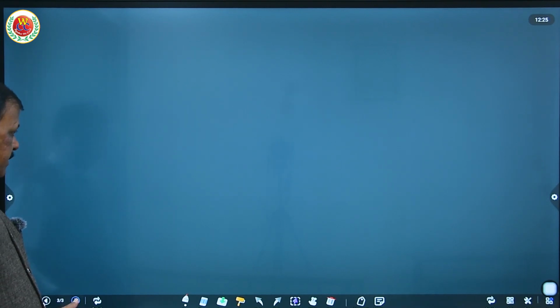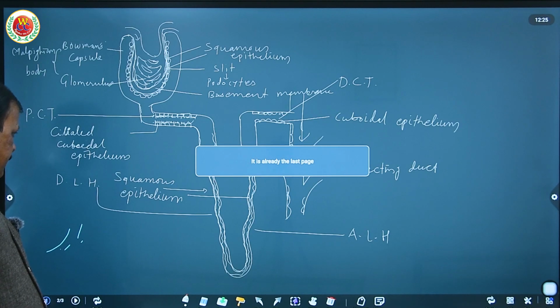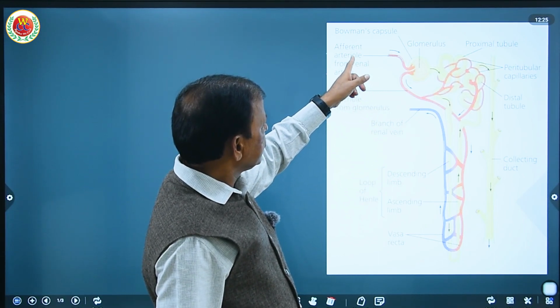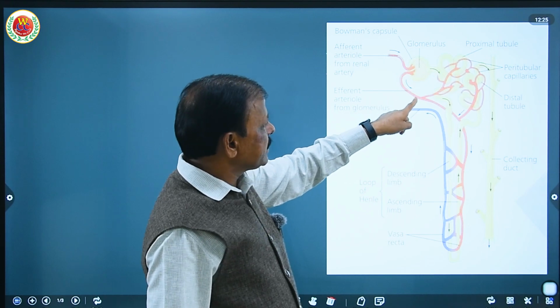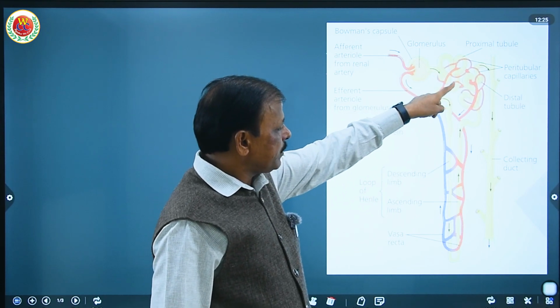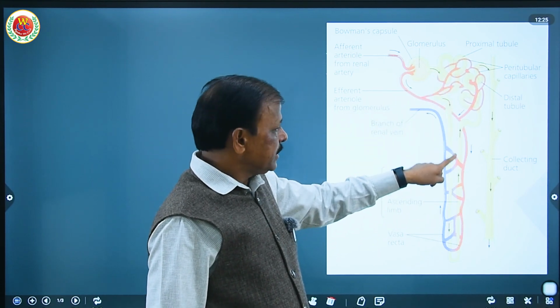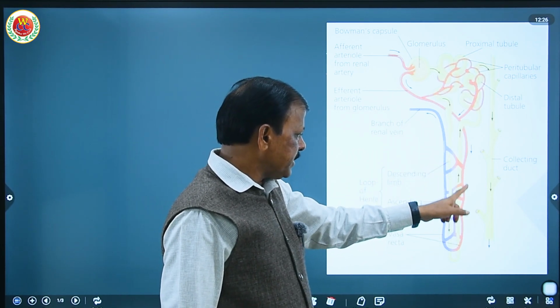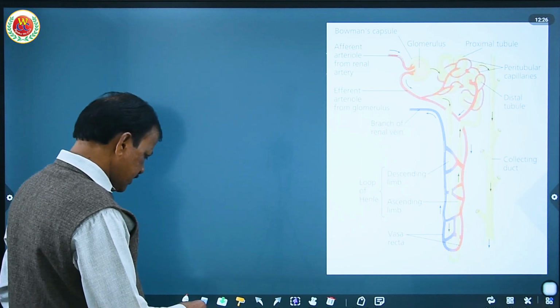Here you can see the structure as I have drawn. The afferent artery enters, and the efferent artery comes out and forms a tuft of capillaries around this loop of Henle called the vasa recta. It is written here: the tuft of capillaries around this is called the vasa recta.